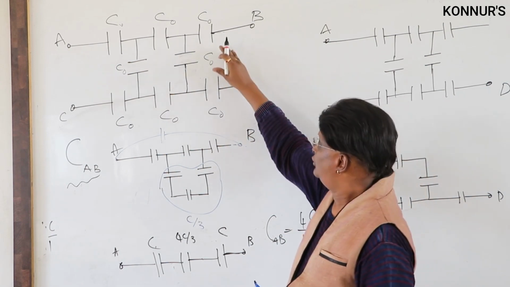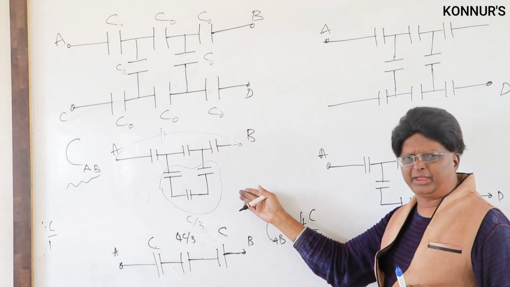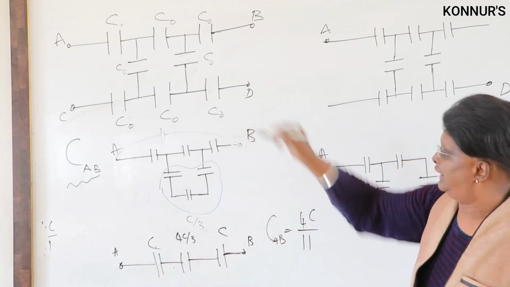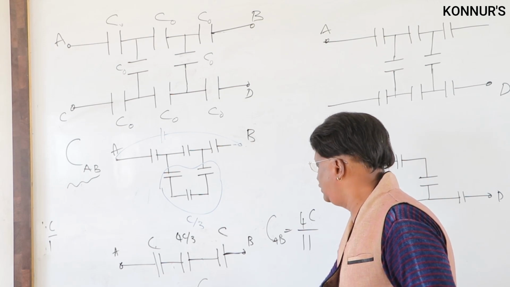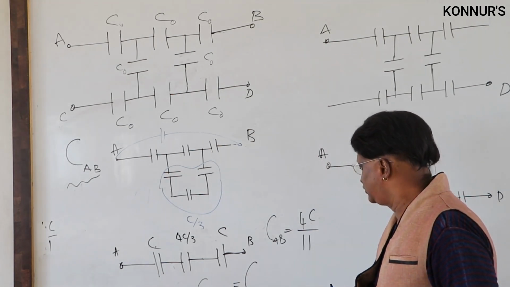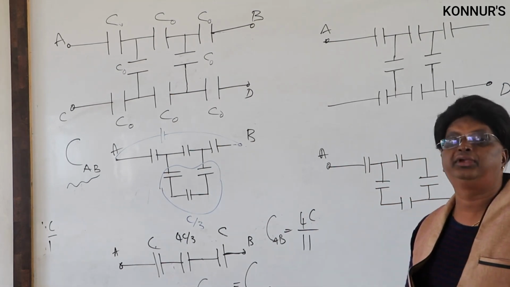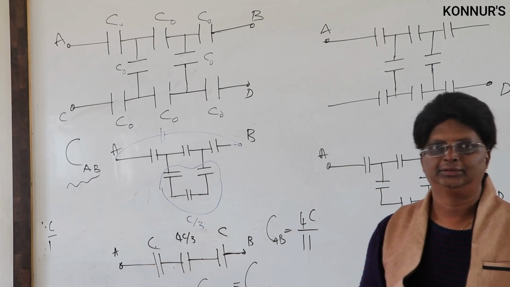Therefore, again, you will get the same type of result even across A and C. So the effective capacity across AB is the same as across A and C, and it is equal to 4C by 11.